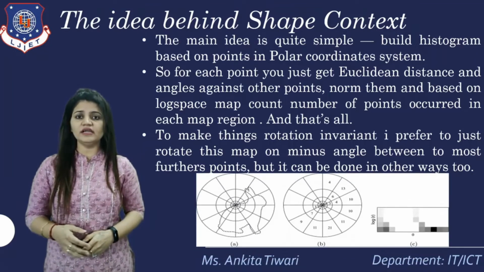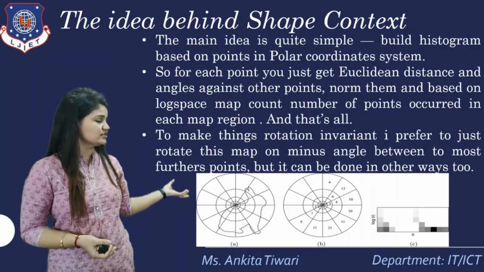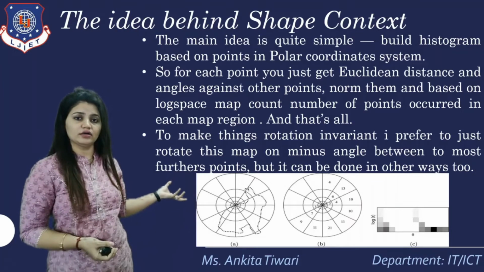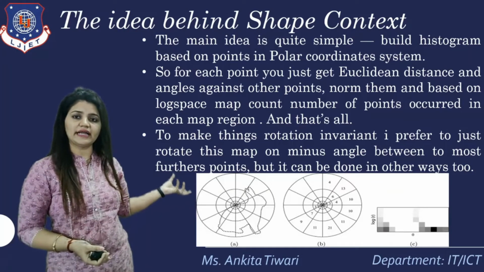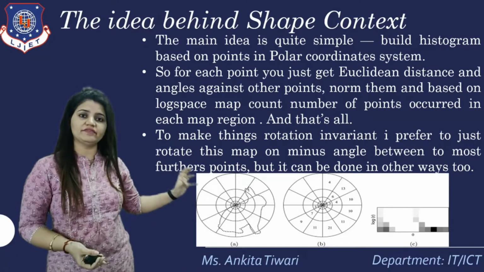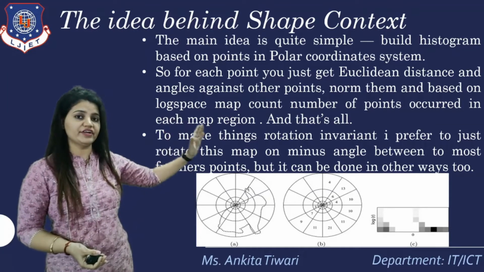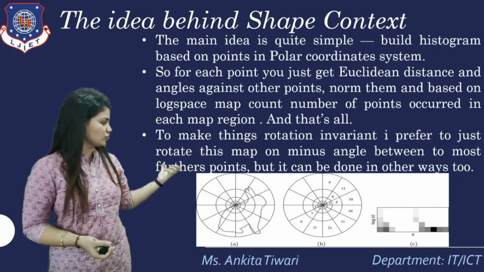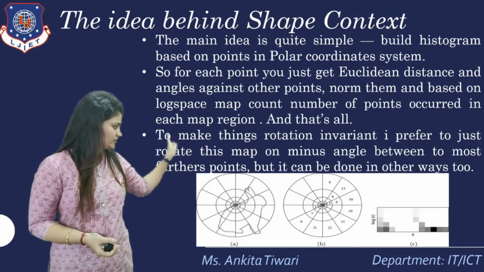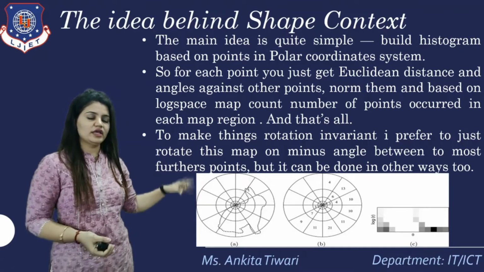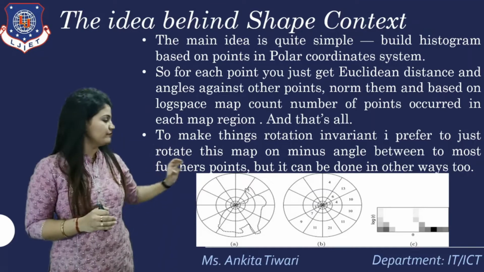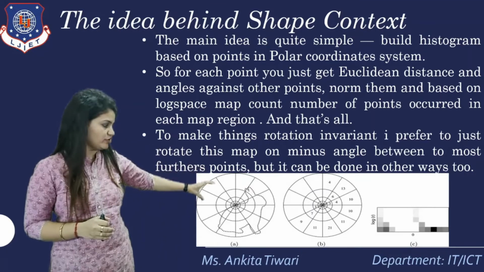So here is the diagram. As you can see, we have a particular angle, and with that angle we have the object, and with respect to that we have made different regions. This object is here. As you can see, in the whole image view plane, we have the object in only some of these sectors.